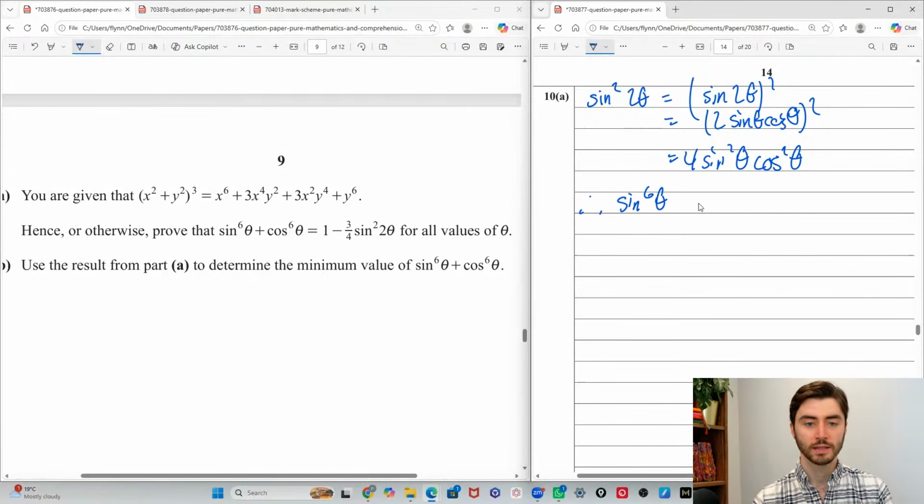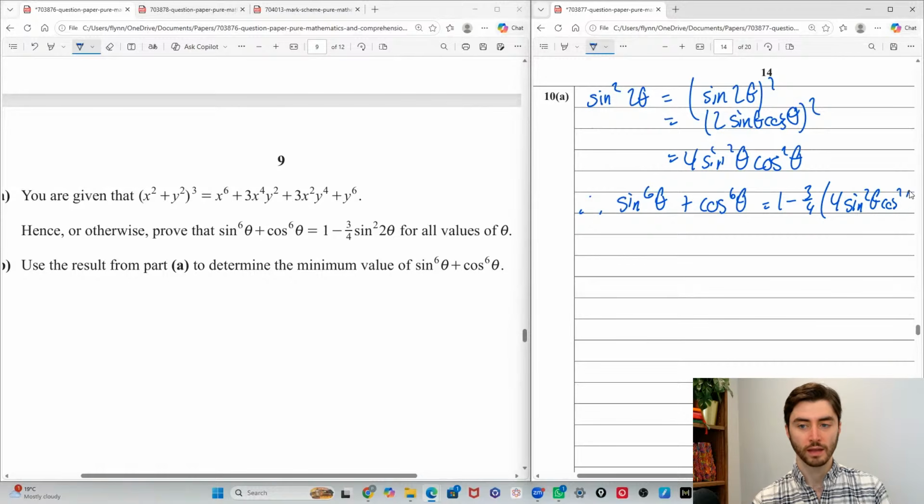So sine 6 plus cos to the 6 is 1 minus 3/4 of that guy, which is 1 minus 3 sine squared theta cos squared theta.